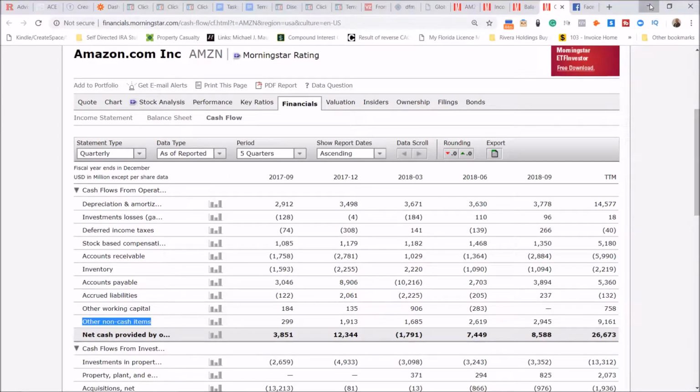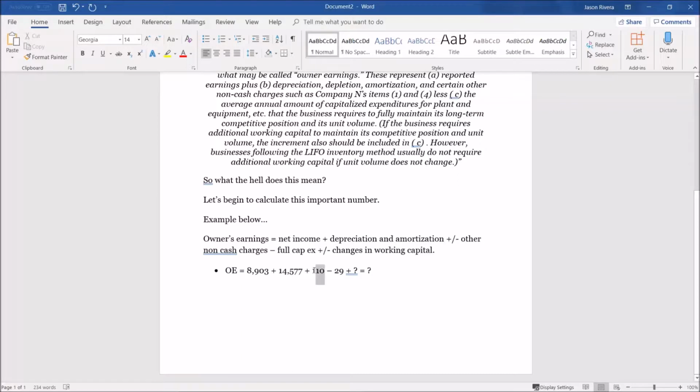So plus 9161. Minus full CapEx. Again, I'll explain why I take full CapEx in the webinar instead of maintenance CapEx. I'll explain why I don't use maintenance CapEx here, and instead I use full CapEx.